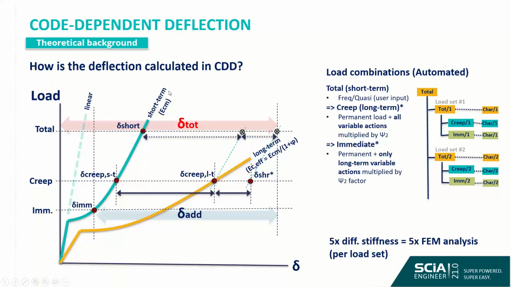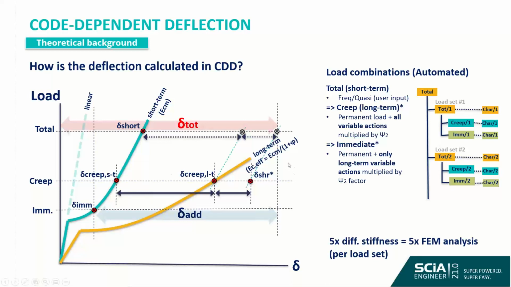So we check the short-term stiffness, where we use the elastic modulus, but with the possibility of cracking. We can see that due to the cracking, the stiffness can be reduced. And then we also have the long-term effects of creep and shrinkage.